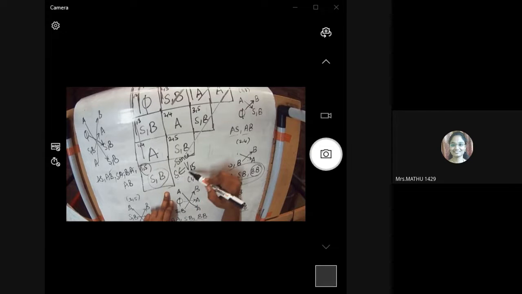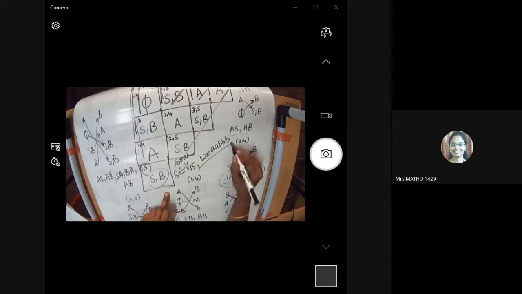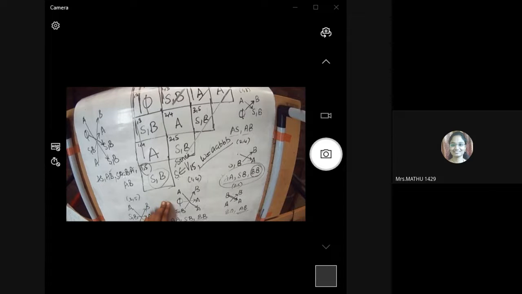So we can say that the string W equals AABBB belongs to the language generated by the given grammar. So this is the CYK algorithm to find out the membership of a particular string.